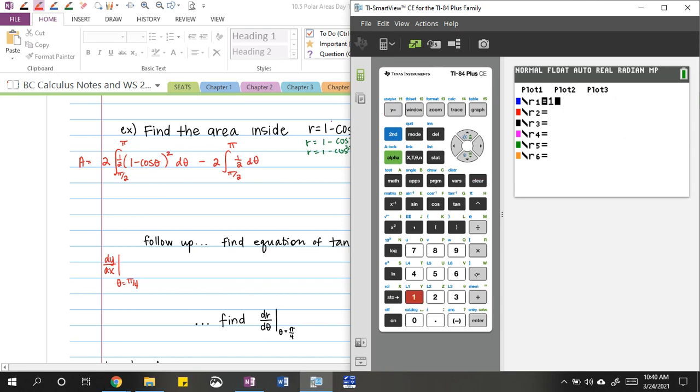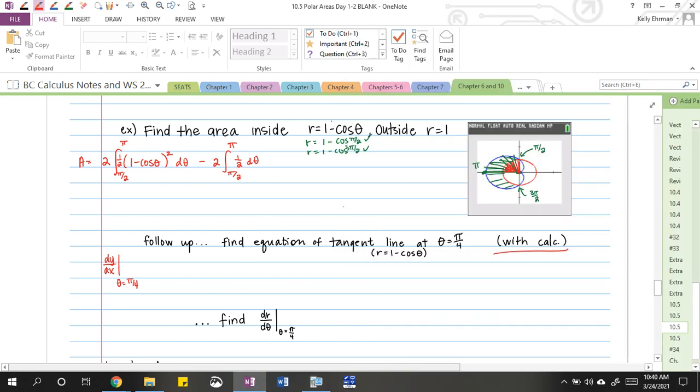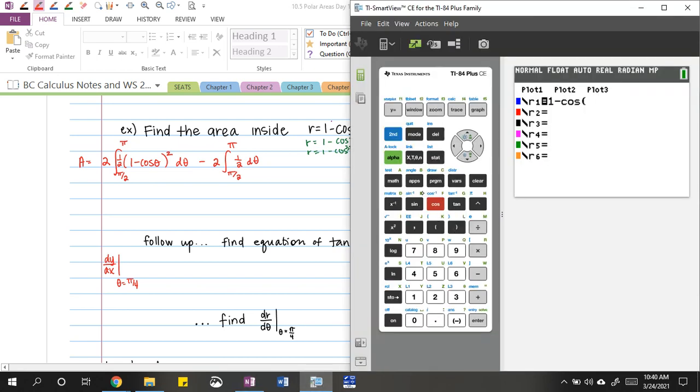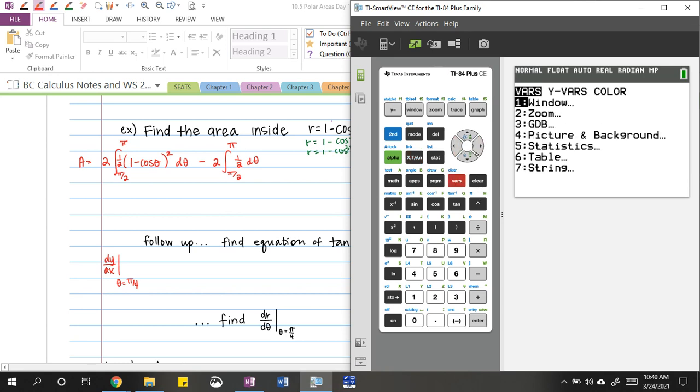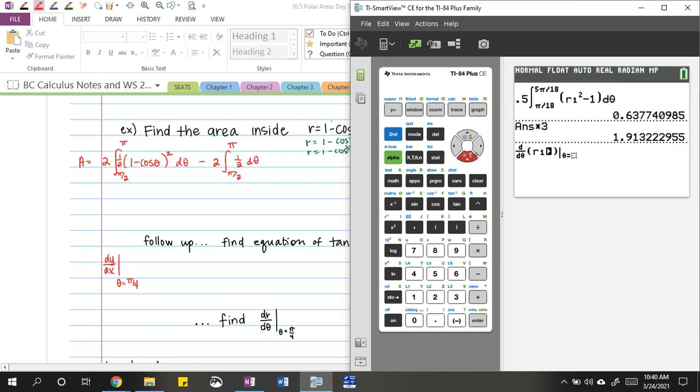So it's 1 minus the cosine of theta. And then let's find the derivative of r at pi over 4.